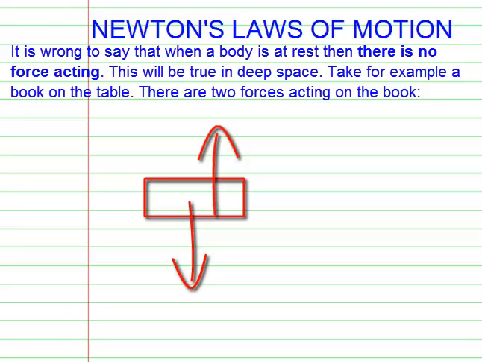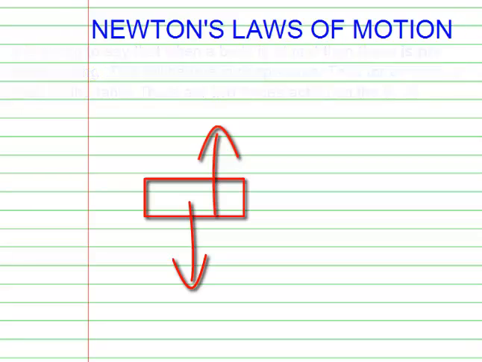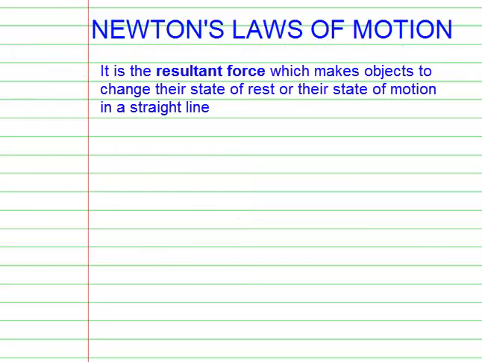It is important to realize that it is the resultant force which makes objects to change their state of rest or their state of motion in a straight line. It is not just the application of a force, but the resultant force.